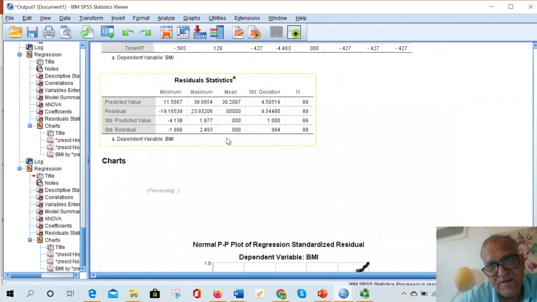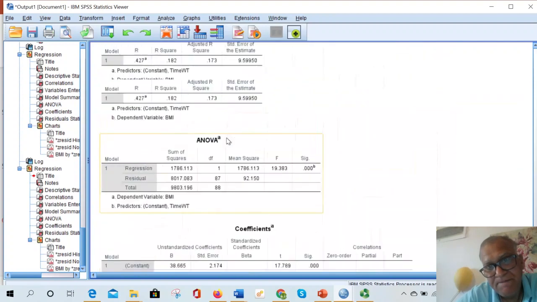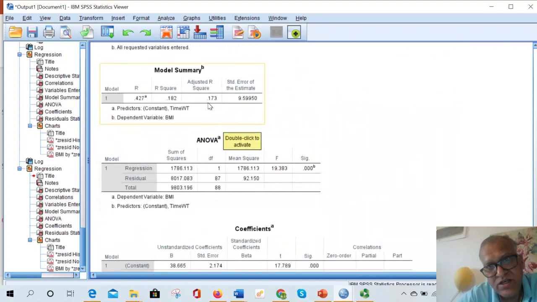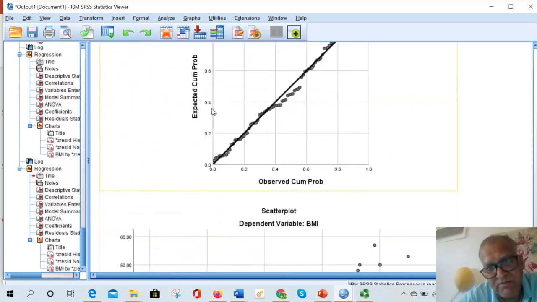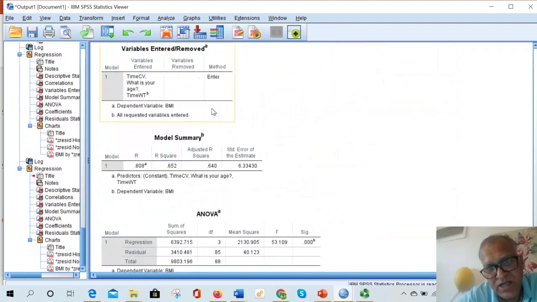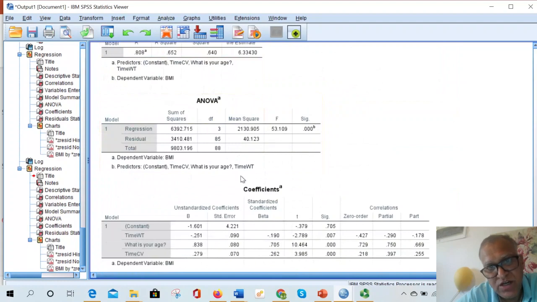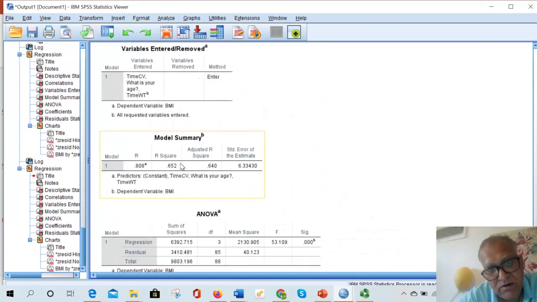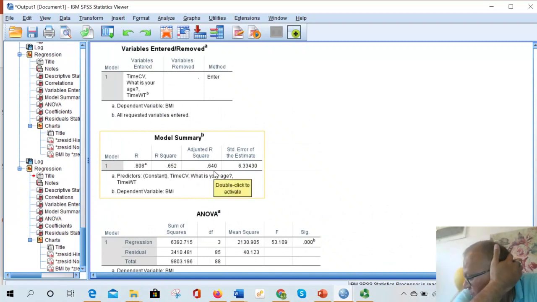Here it is, 0.173. But if you add 2 more variables, my prediction becomes better. That's what it is: more factors, more explanation. So here our R square is 0.64, which is 64%.